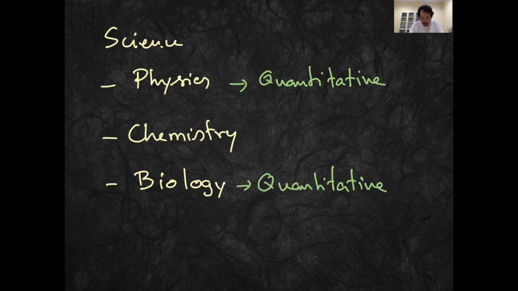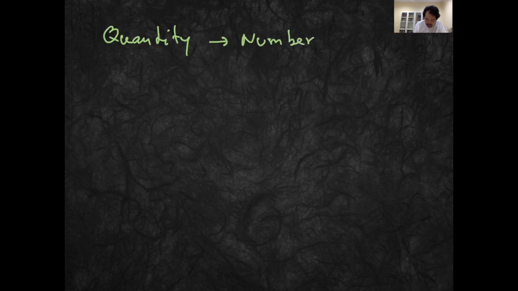And when we say physics is a quantitative science, it means that we have to express the knowledge of physics in numbers. To express the knowledge of physics in numbers, you have to express the quantities in physics in numbers. And if you want to express a quantity in number, in general, you need the unit.